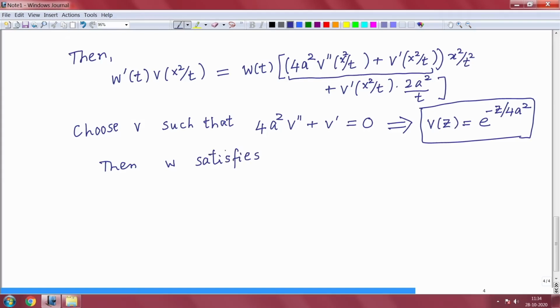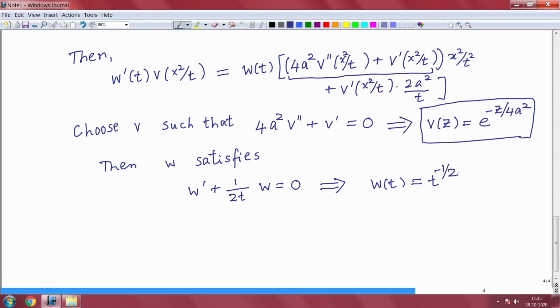I am just writing w prime plus 1 by 2t w equal to 0, and again a particular solution of this first order ODE. Remember this ODE. So w of t is t to the minus half.